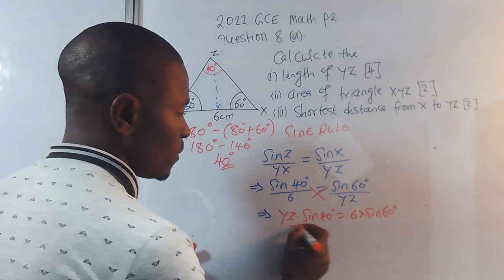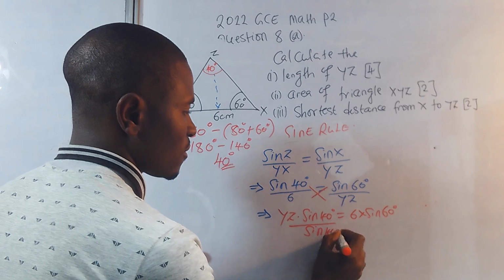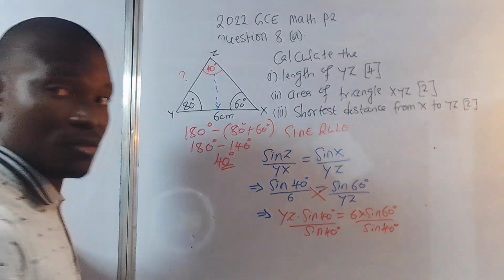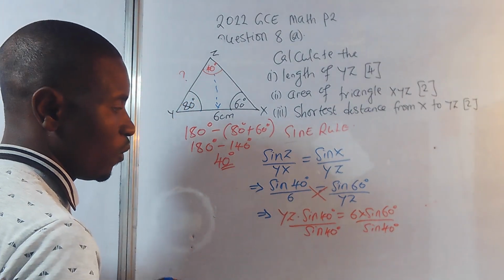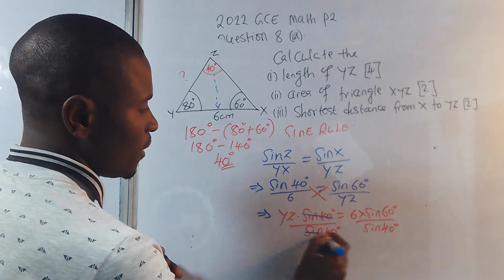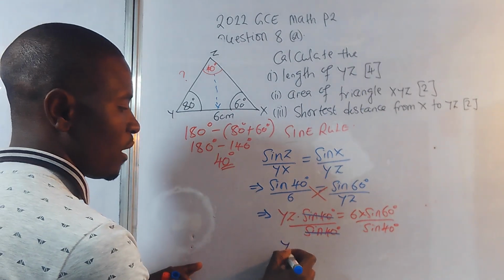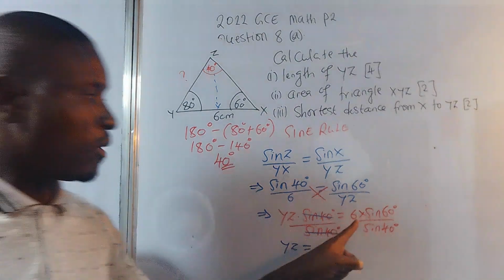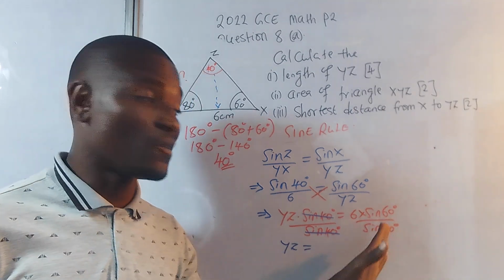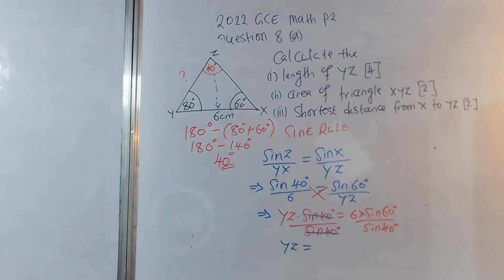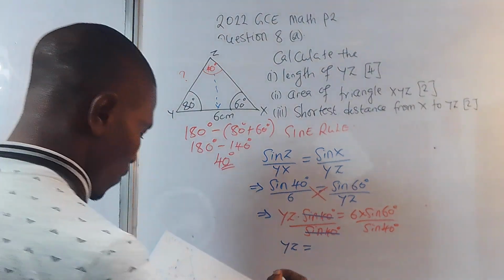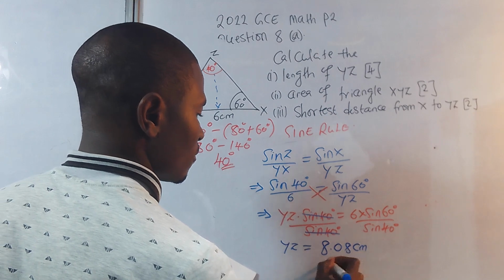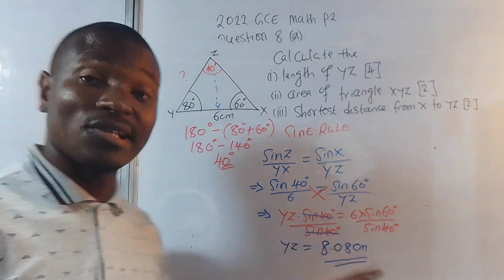From there, we divide both sides by sine 40, and this and this go out, and then YZ is going to be, what you punch is 6 times sine 60 divided by sine 40. Now your answer is going to be something like this, so this is the answer that you're going to get.